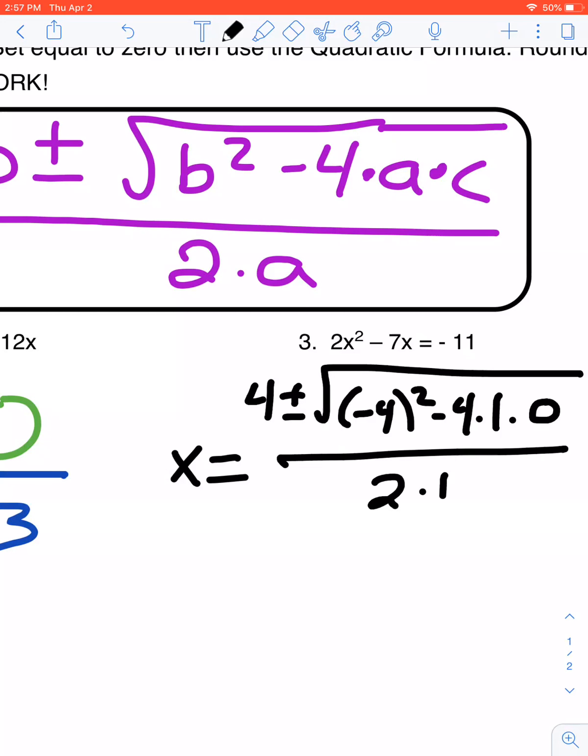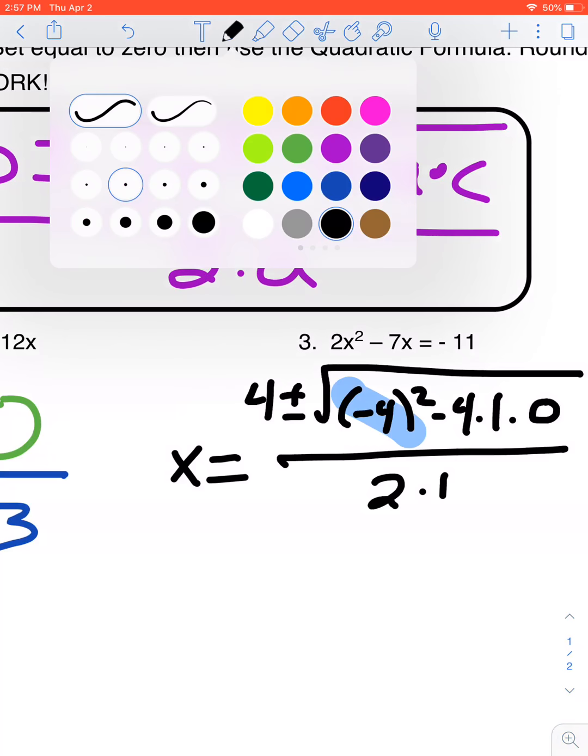Remember to put the negative 4, this part right here, in parentheses, because if you don't put it in parentheses, your calculator is going to give you a negative 16, and we all know negative 4 times negative 4 is positive 16.